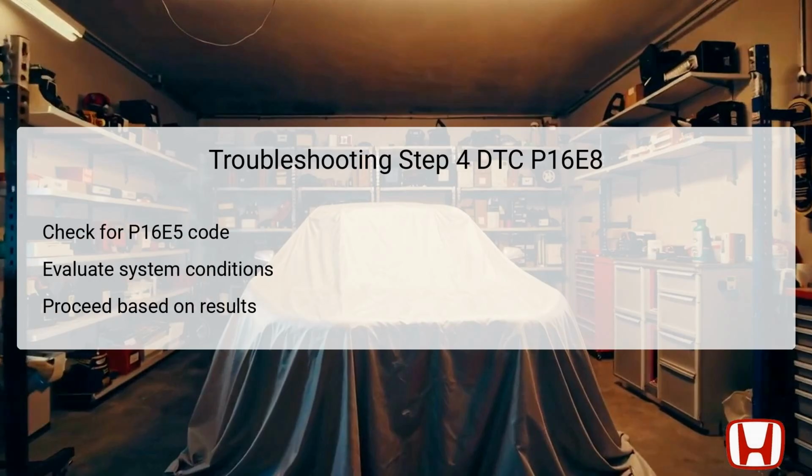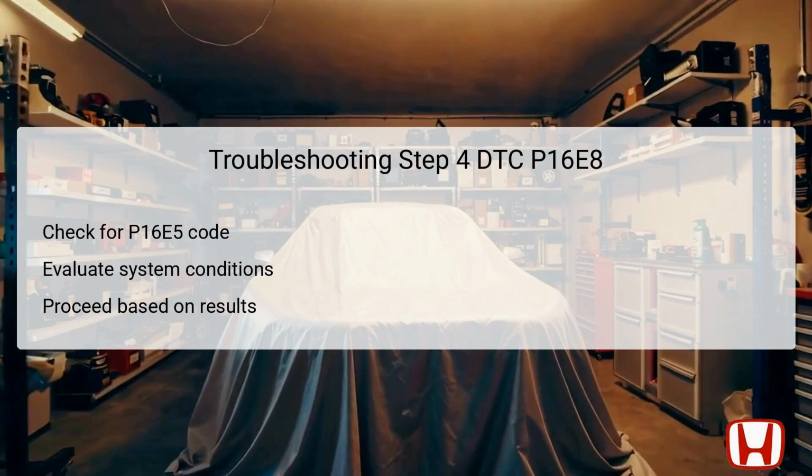In this troubleshooting segment, Step 4 focuses on checking for the P16E5 code. This code indicates a LIN communication error with the PCM DC-DC converter. Just like in previous steps, the mechanic will utilize the HDS to verify the presence of this error code.